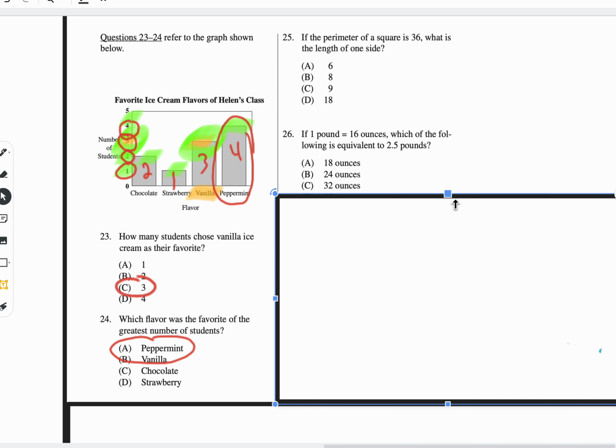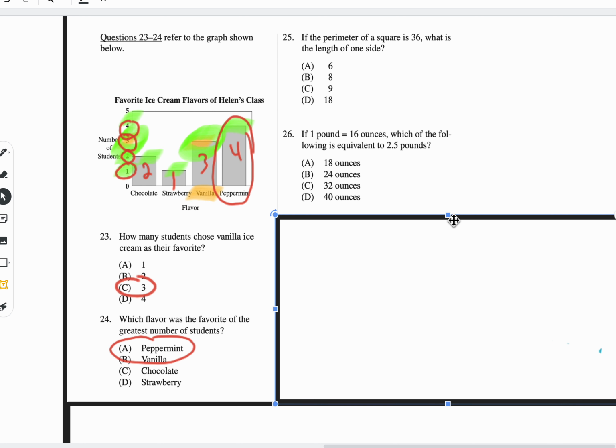Now let's take a look at number 26. If 1 pound equals 16 ounces, which of the following is equivalent to 2.5 pounds? So if 1 pound equals 16 ounces, then 2 pounds would equal 32 ounces.